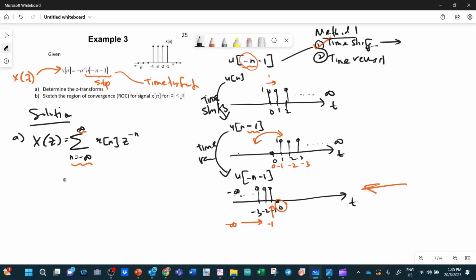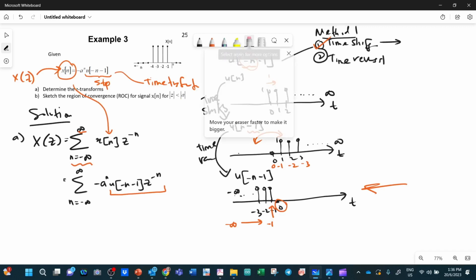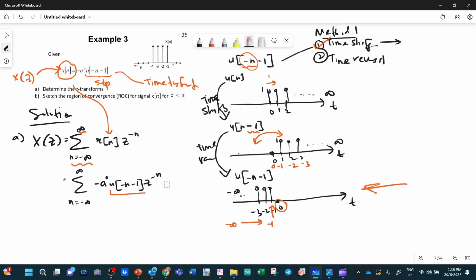Okay, so let's substitute the value. Let's first substitute the x[n] value into this equation. You get minus a^n u[-n-1] z^(-n).